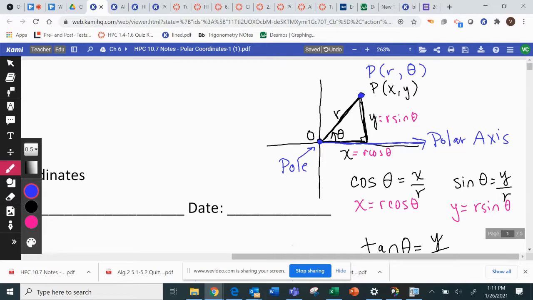So R is still going to represent the radius, and theta is the angle at which it is rotated around. And we've been doing this stuff for a long time. We've just not written it as an ordered pair before. So these are polar ordered pairs.